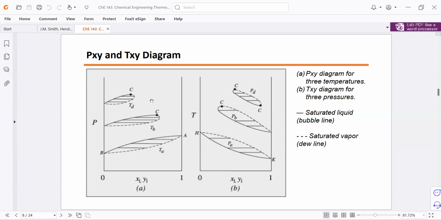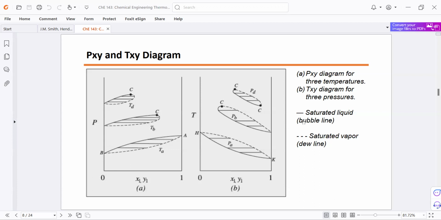How can we determine whether the bubble line is on top or the dew line is at the bottom? Just remember that at higher pressures, the phase is usually the liquid, and at lower pressures, the phase is the vapor.